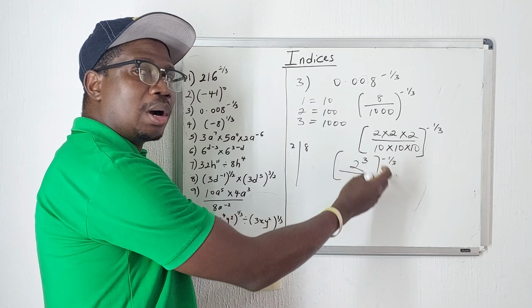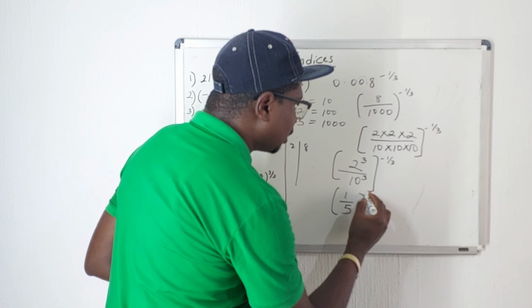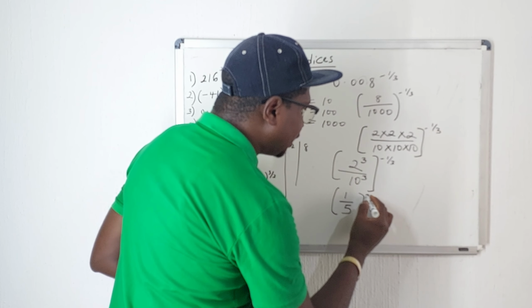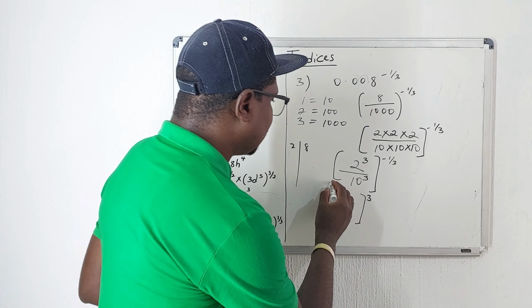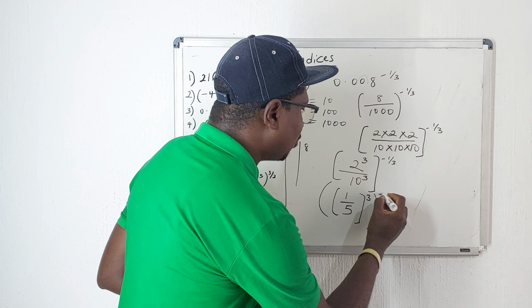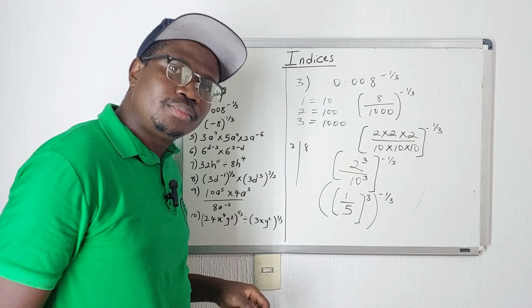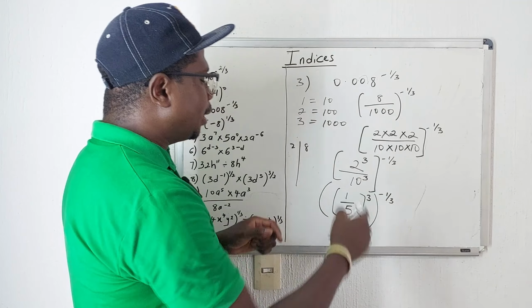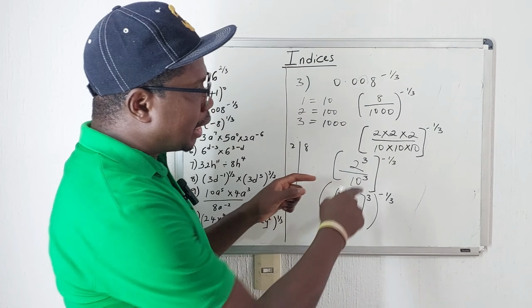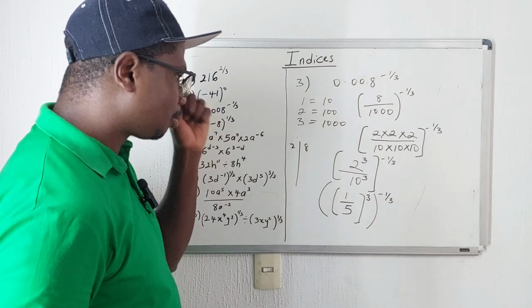So we can just take one index, which is 3. Then everything is still to the power of 1 over 3. Are you following? Because 2 can divide 10, we have 1 over 5. Since the powers are the same, we take one power.